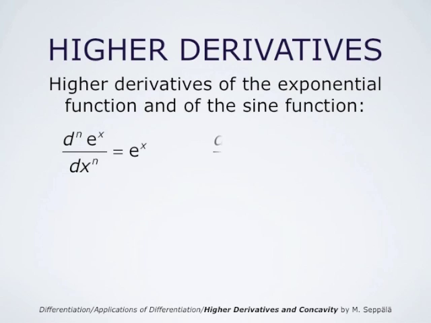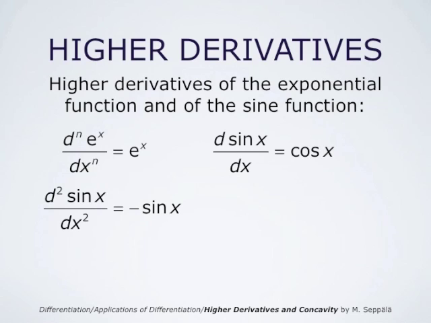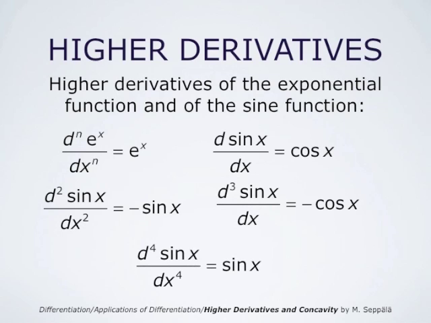For the sine function, we know that the derivative of sine is cosine, therefore the second derivative of sine is the derivative of cosine, that is negative sine, and the third derivative of sine is negative cosine, and the fourth derivative of sine is sine itself. So then the cycle repeats and we may form all derivatives of sine easily. The same would apply to the cosine function.